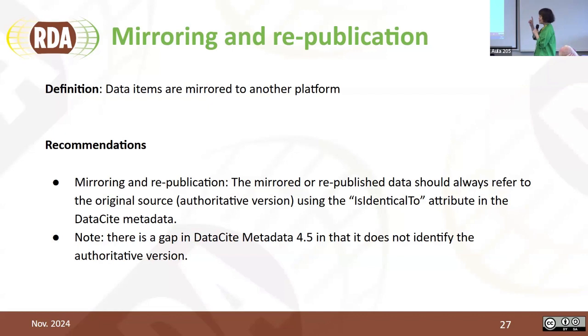You can say this version is identical to that version, this data product is identical to that. If there are two other mirrors, you still cannot point to the authoritative version. So, any comments?